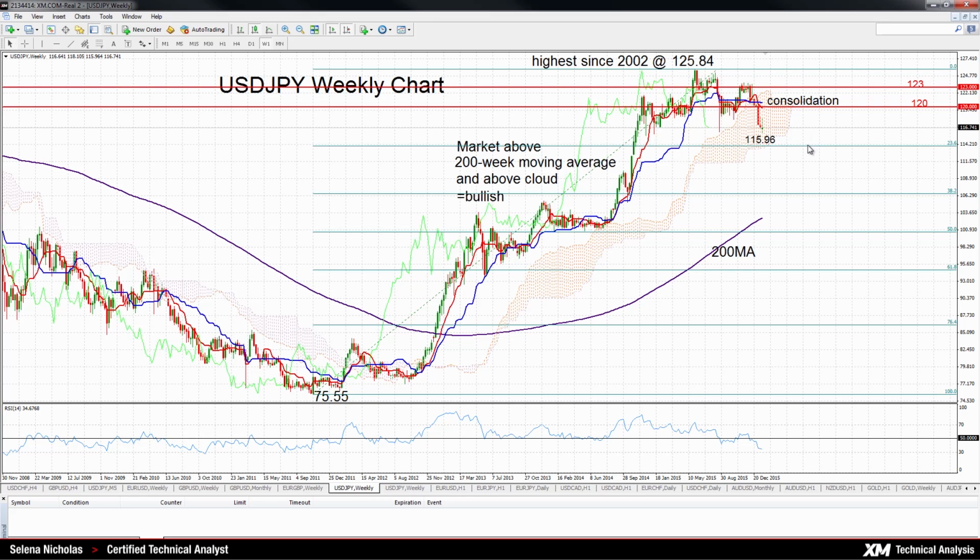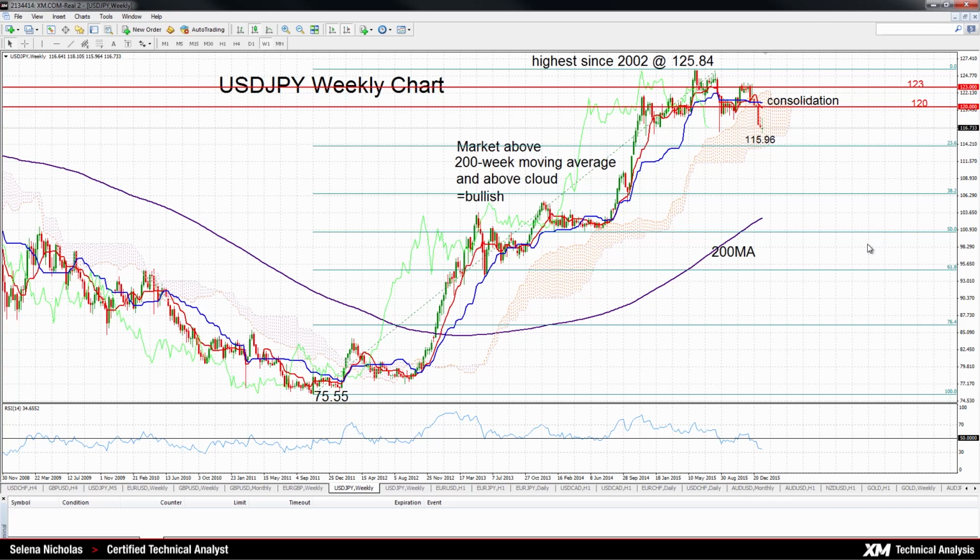We can look to Fibonacci levels for support. These retracement levels would be from the rise from 75.55 to 125.84. So the next Fibonacci level below current price levels would be the 23.6 Fibonacci at 113.92.